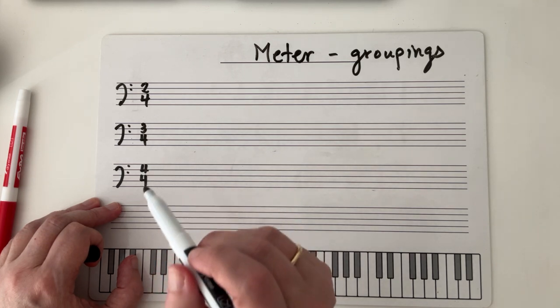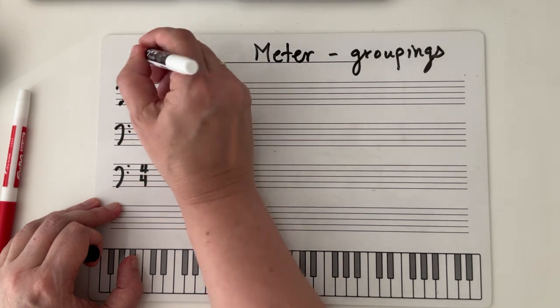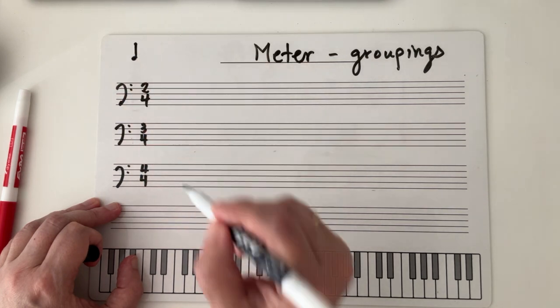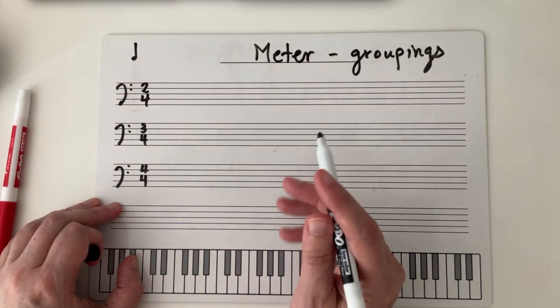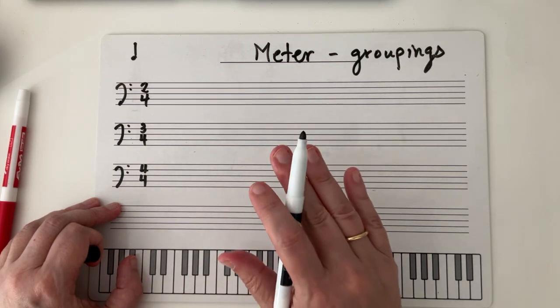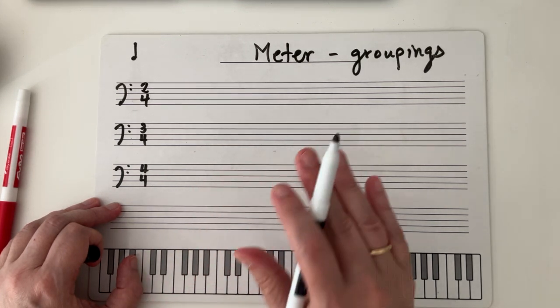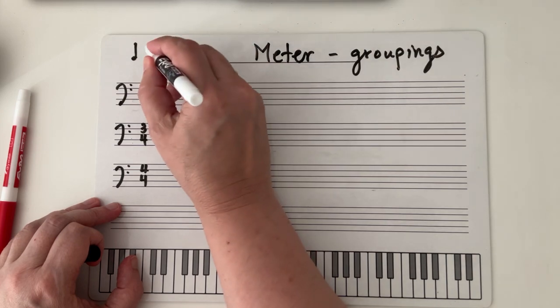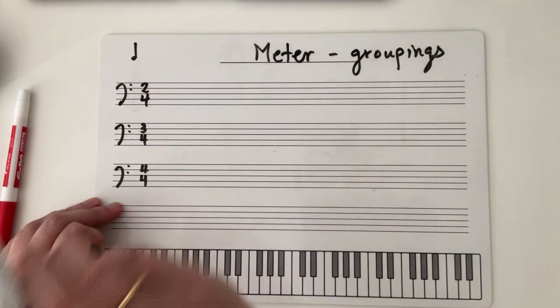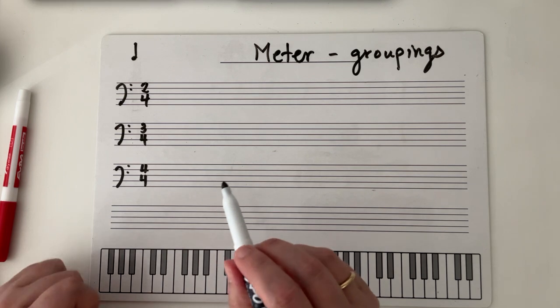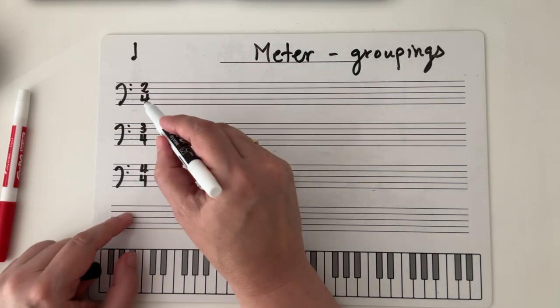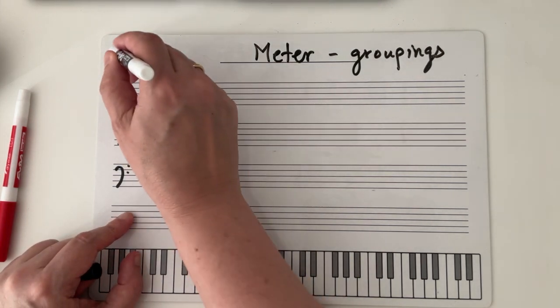So again, our bottom four is telling us that a quarter note equals one beat. That's kind of basic. That's what you start learning from the get-go, but I'm sure almost all of you have now seen something where different kinds of notes can get one beat. So just remember that the bottom four is referring to this quarter note.